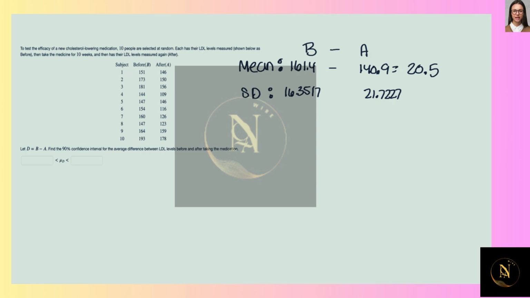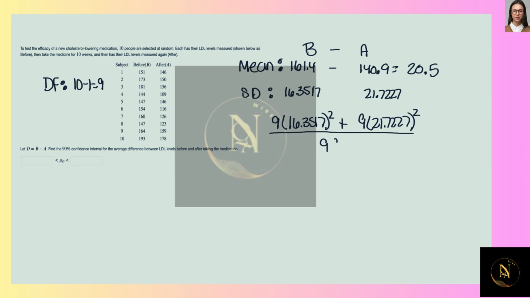And so how we do that is, there's a total of 10 numbers, and if I need to find the degrees of freedom of each, you're going to do 10 minus 1, which is 9. And so you're going to take 9 times 16.3517 squared, plus 9 times 21.7227 squared, and then divide that by 9 plus 9.